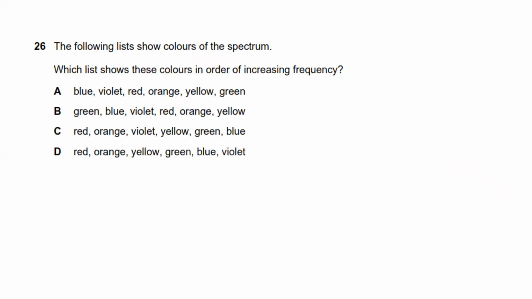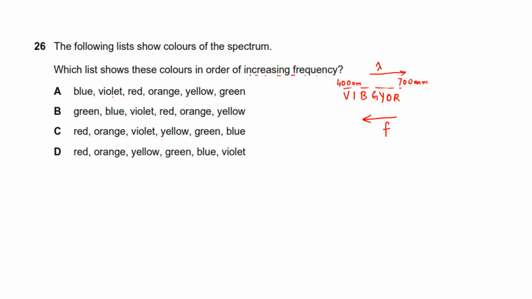Next, question number 26: the following list shows the colors of the spectrum. Which list shows three colors of increasing frequency? So remember VIBGYOR, the visible spectrum from 400 nanometers to 700 nanometers. So the wavelength lambda is increasing in this direction, so frequency is increasing in the opposite direction.